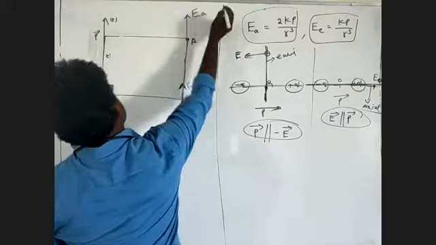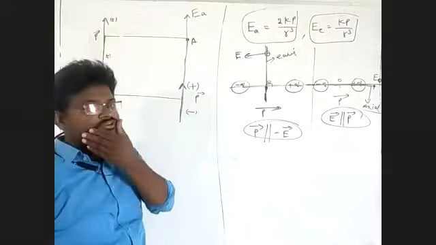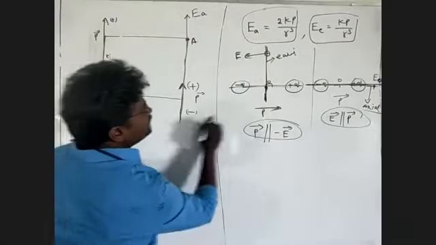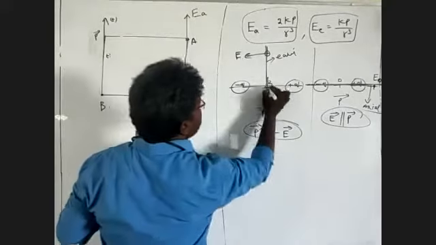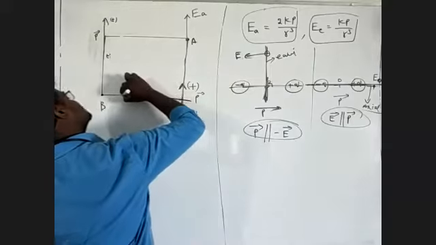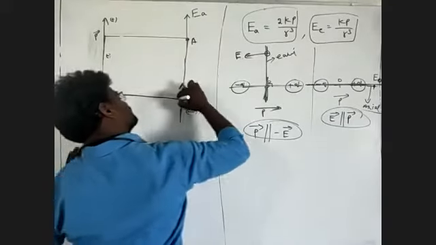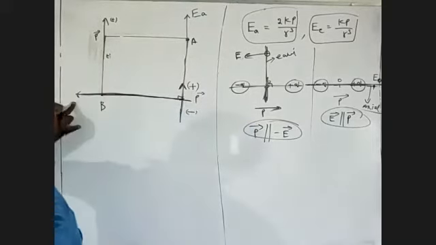This is the axial line. Next, you see this line passes through the center of the dipole and is perpendicular to this one. We call this the equatorial line.